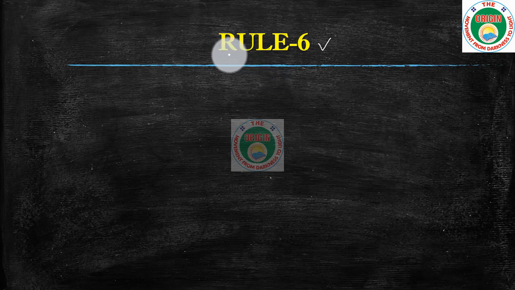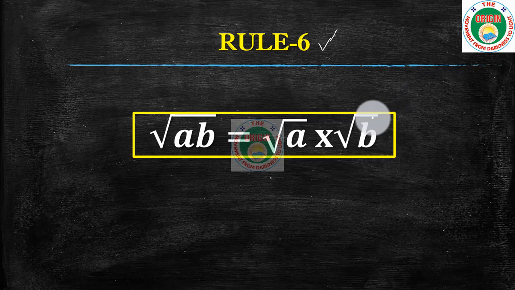Next, rule 6. The sixth rule I am going to introduce here is related to the square root. Square root of a into b equals square root of ab. Under the square root we have two numbers, two expressions here, square root of a into b, both connected with multiplication. If any two numbers under the square root are in multiplication, then we can divide the square root like this: root a into root b.